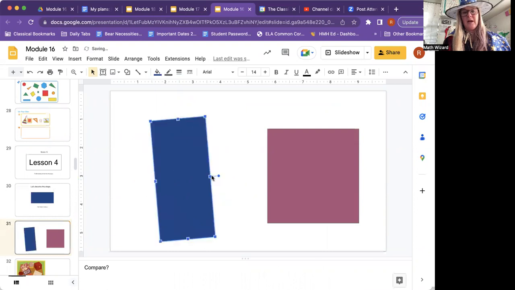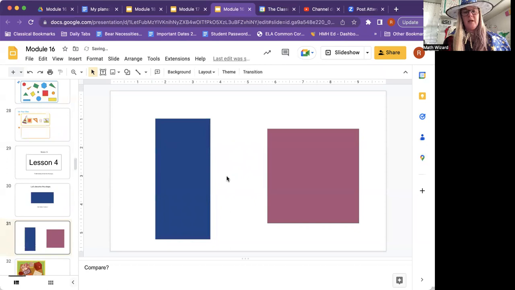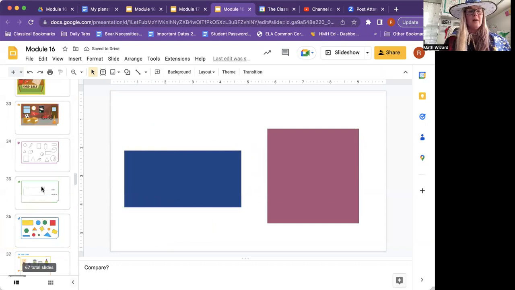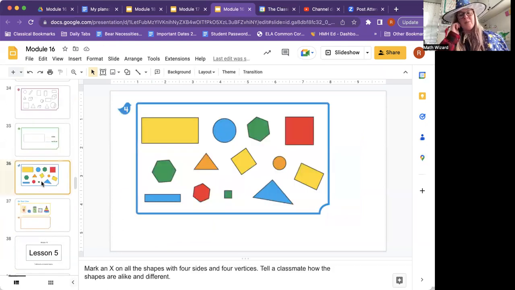Oh, is that a rectangle? Yep. It doesn't matter what position it's in. It's still a rectangle because it has 4 sides and 4 corners. All right. So go ahead and pause this while you put an X on all those shapes.